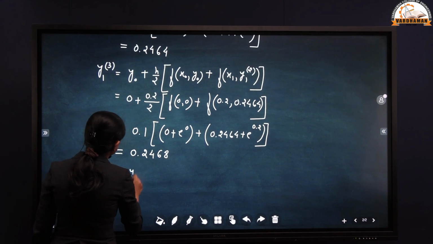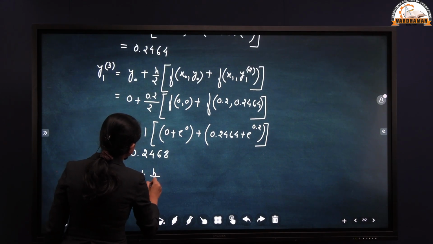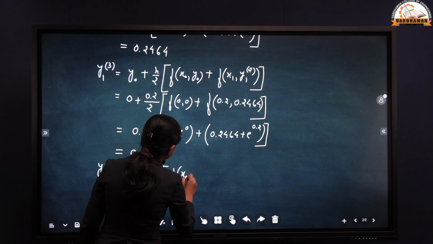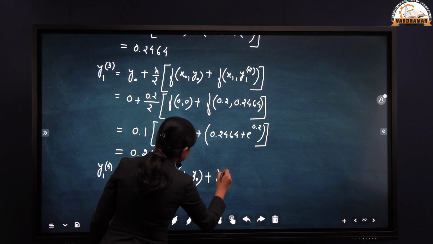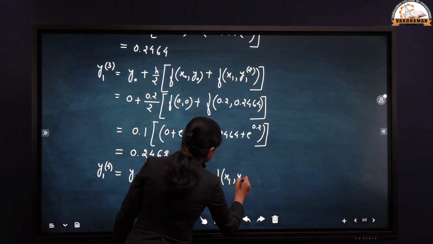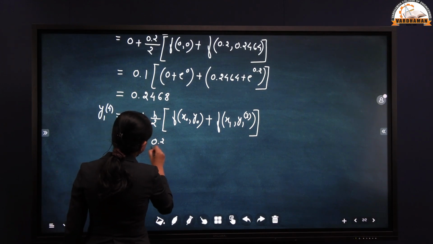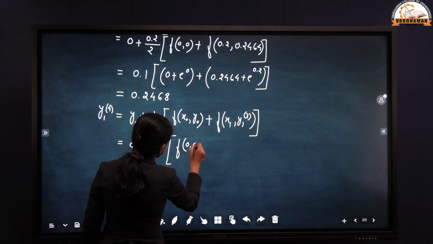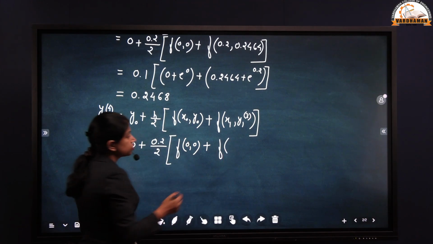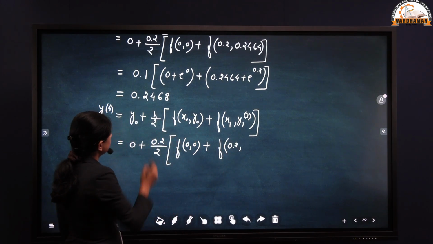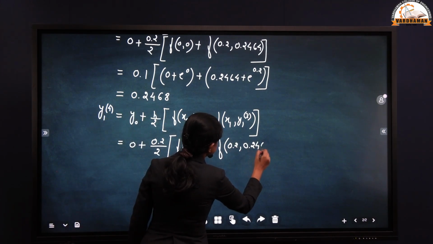Next we will find y1 4. y1 4 is equal to y naught plus h by 2 f of x naught comma y naught plus f of x1 comma y1 3. y naught is 0 plus h is 0.2 by 2 f of 0 comma 0 plus f of x1 is 0.2 and y1 3 is 0.2468.